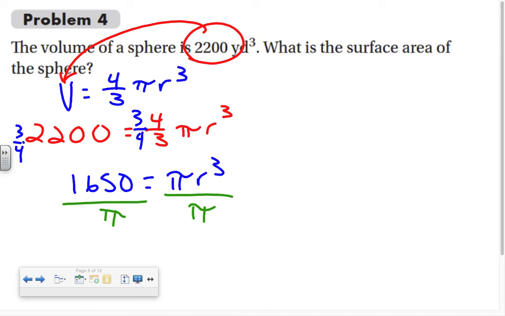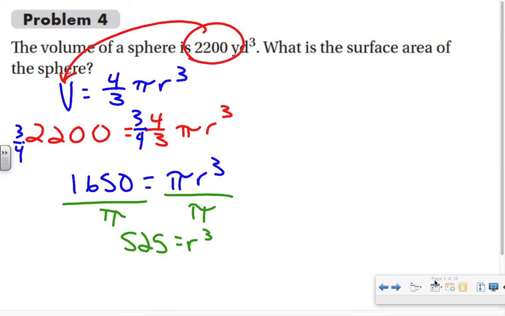So I have 1650 that I'm dividing by pi in my calculator, and r cubed is 525. And so now, in order to figure out what the radius is, I need to take the cubic root of that 525 and find that r is approximately 8.07.